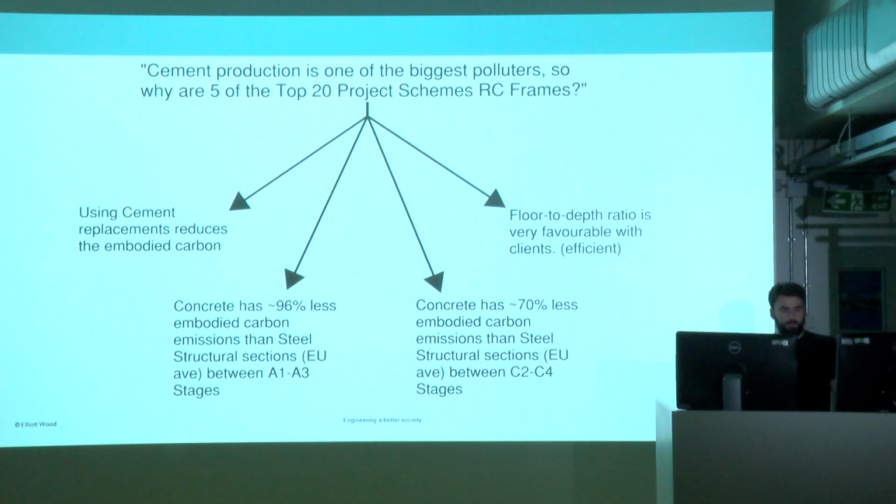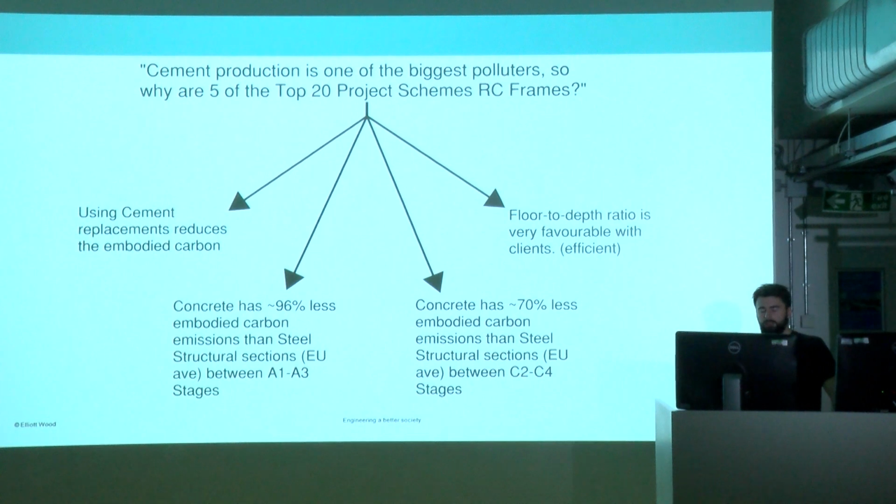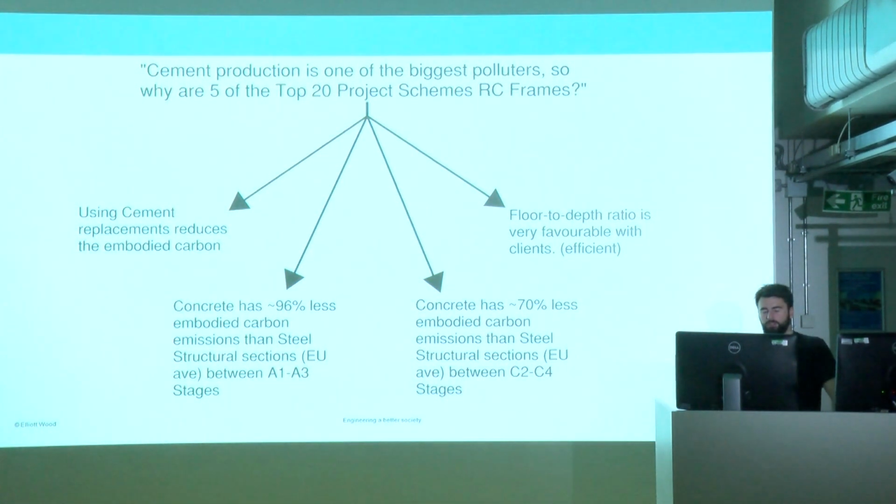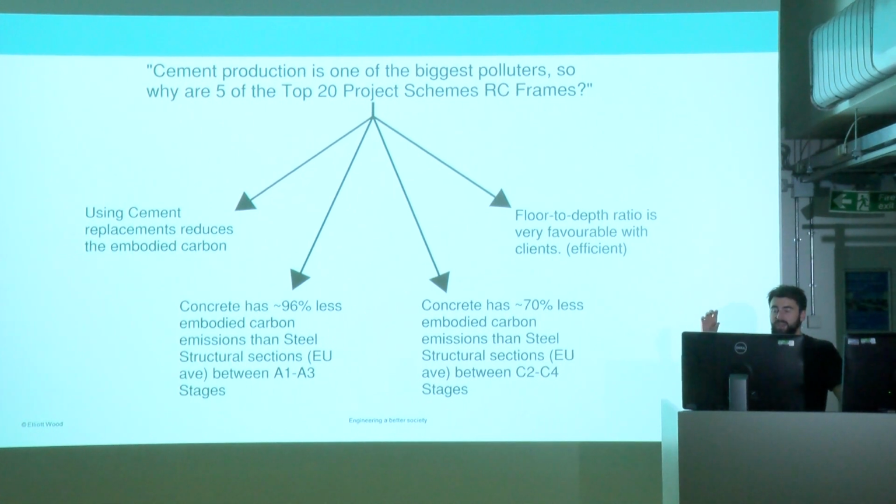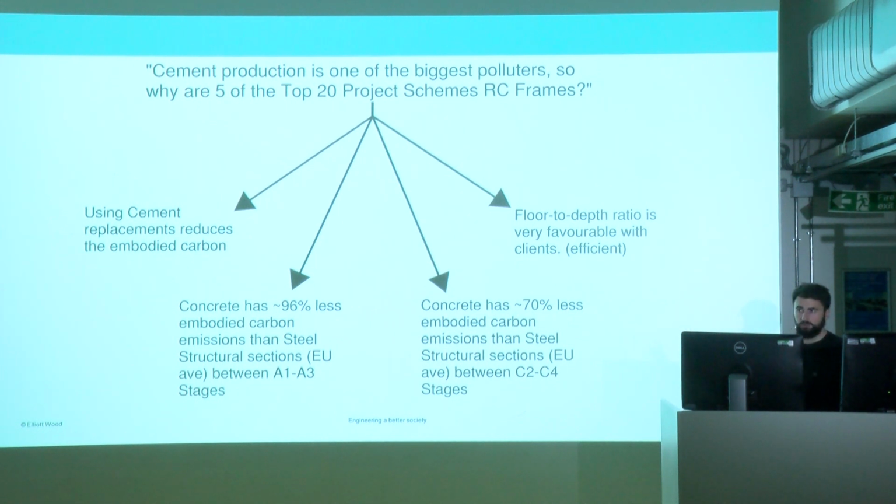And then finally, when you use concrete in a structure, its floor to depth ratio is very favorable, especially in high-rise structures, because you can get a nice clean flat slab. That's much more appealing to a client if they've got a high-rise and they want to maximize the floor to ceiling ratio, and so on and so forth.